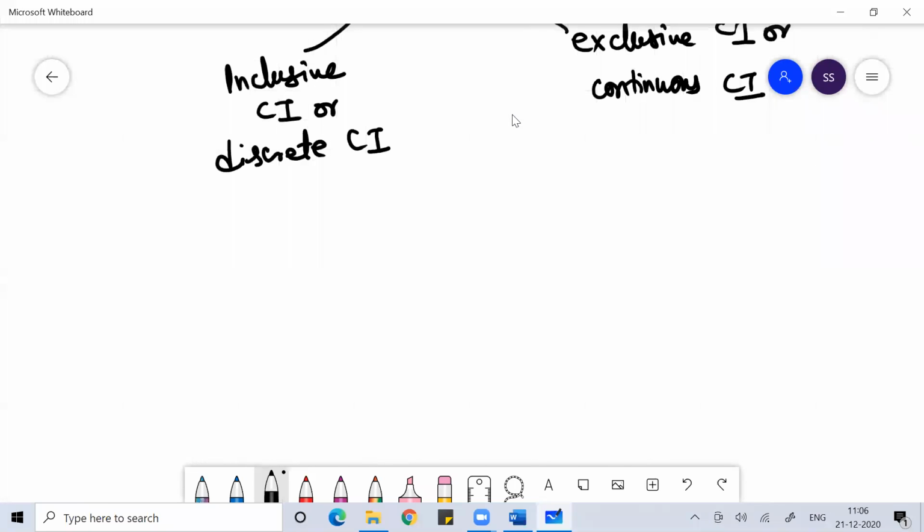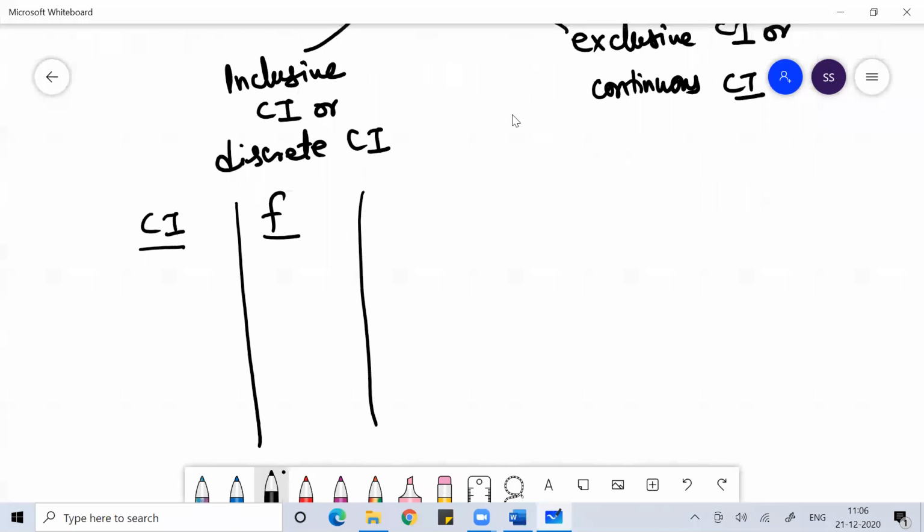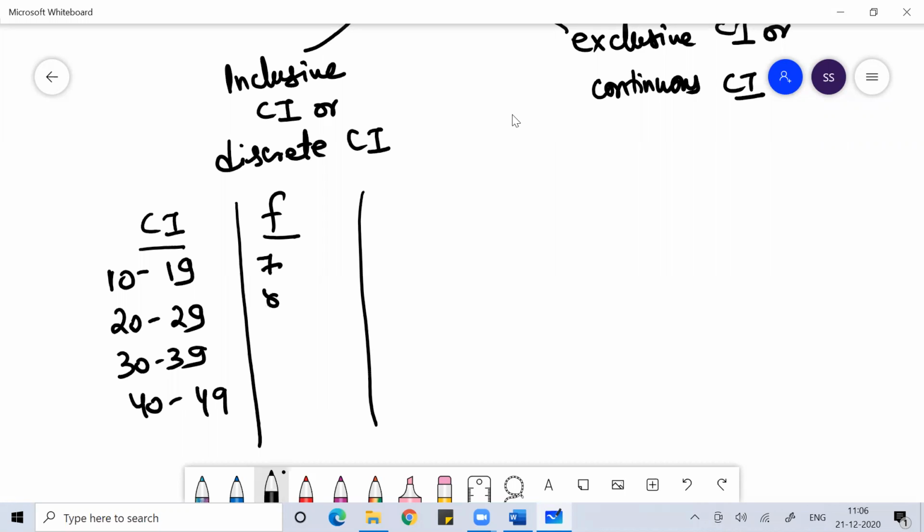Inclusive class interval basically means that if this is your class interval and this is your frequency, it looks like 10 to 19, then 20 to 29, then 30 to 39, then 40 to 49, with frequencies 7, 8, 5, 3. Whenever you see a class interval like this, it is called a discrete class interval or inclusive class interval.